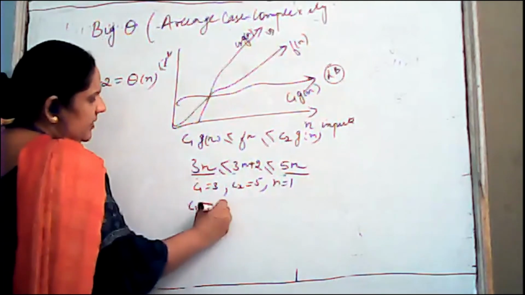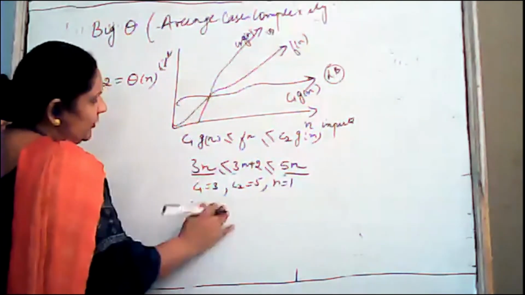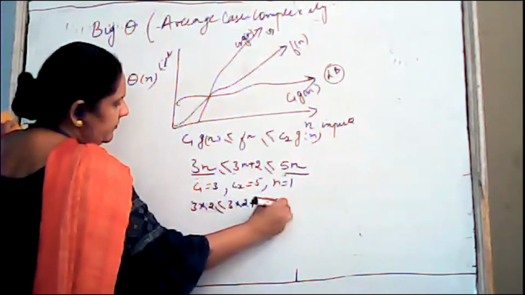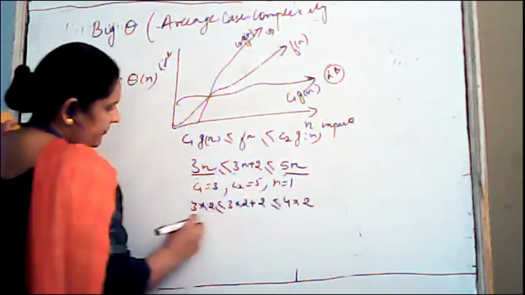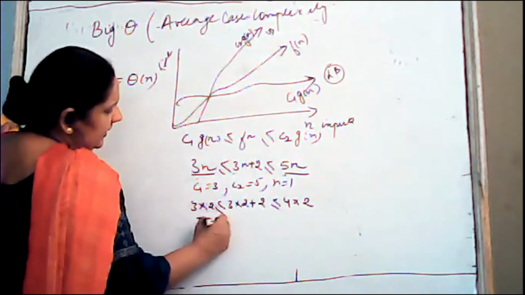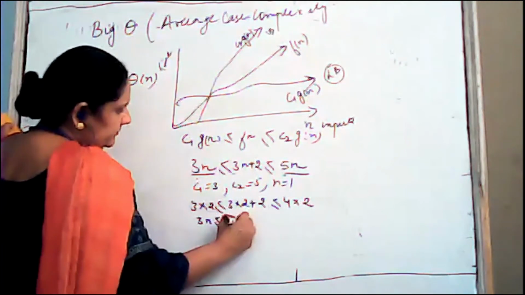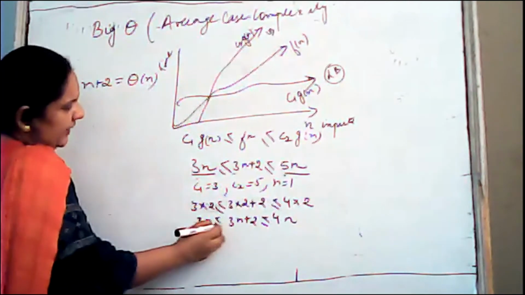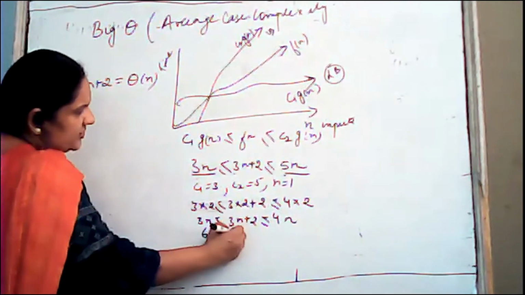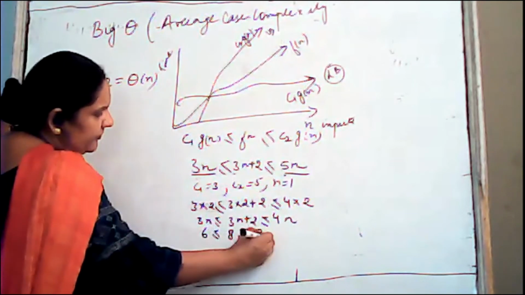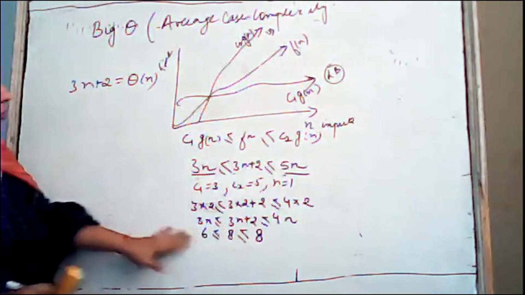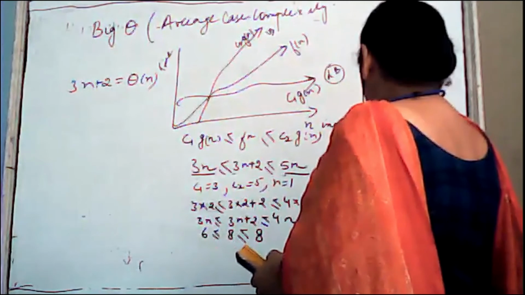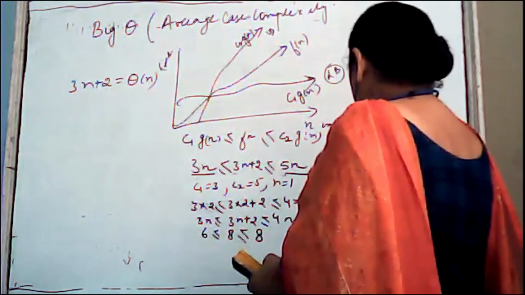C1 remains 3, C2, let's substitute the value as 2. I'm taking this relation: 3n is less than. For n equal to 2, 3 twos are 6, which is less than 8, and it is less than or equal to this. That means this relation will hold for C1 equal to 3, C2 equal to 4, and n equal to 2.